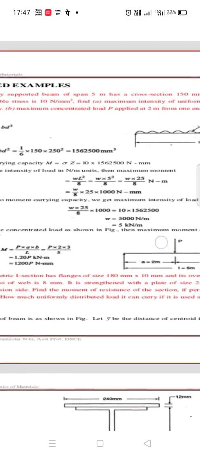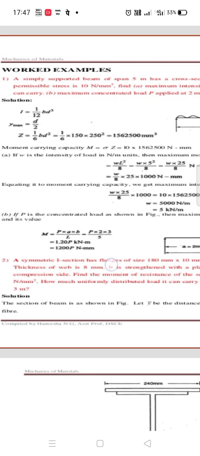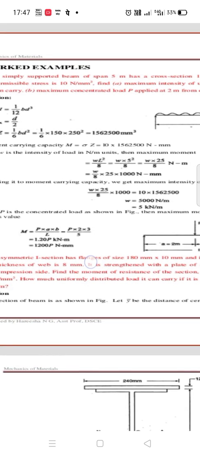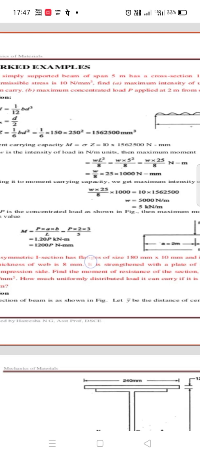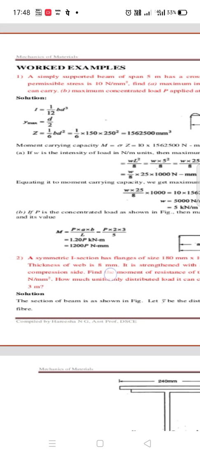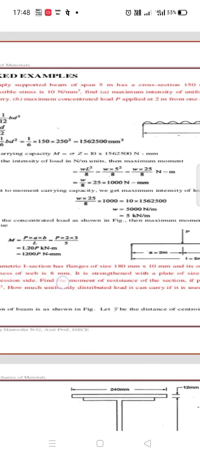For UDL, uniformly distributed load, into the span, the span will be 5 meter. Moment of carrying capacity M is equal to sigma Z is equal to 10 into Z, which is 15,62,500 Newton mm.